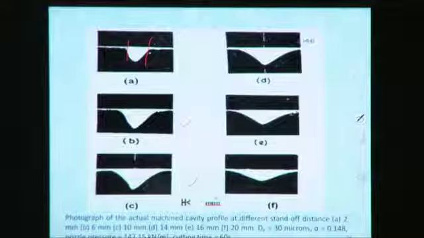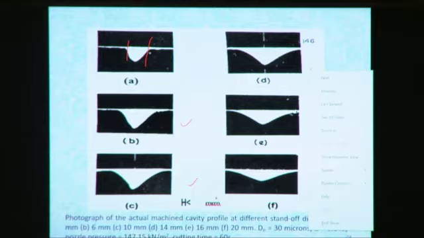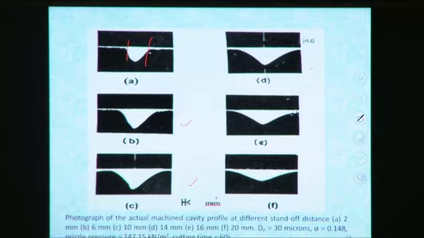B is 6 millimeter, C is 10, D is 14, E is 16, and F is 20 millimeter. So in F the stand-off distance is high, and in A it is less.